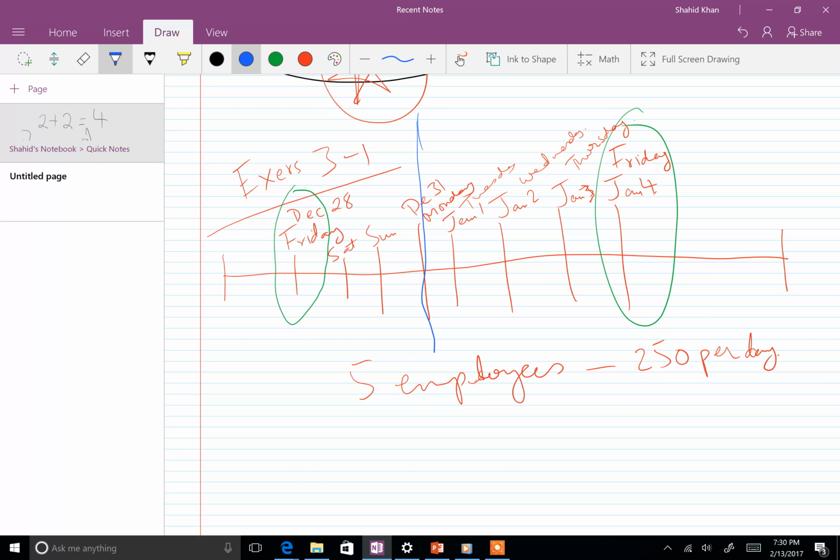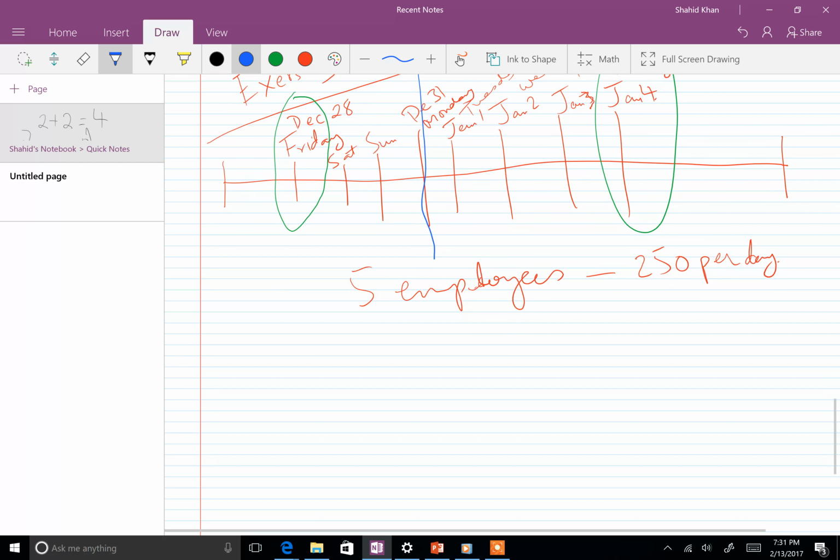But December 31st belongs to which month? The month of December. And now you have another month coming up, starting from January 1st. So this is where you adjust accounting so that the revenues and expenses belong to their right period.